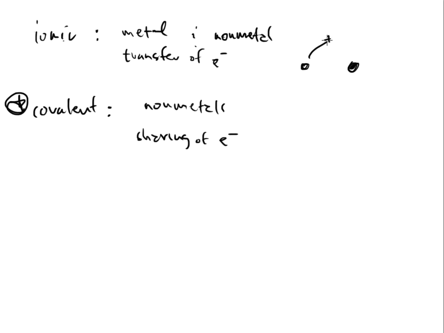Poof, off goes the electron. And then the other one says, oh, look, you have exactly what I need, so I need that electron, and I'm going to take it in. That is a full-blown transfer, because what happens is that this becomes positive due to its action, and this becomes negative due to its action.